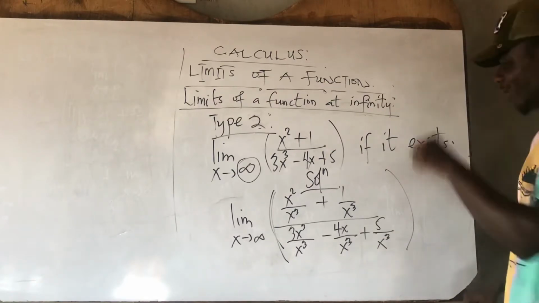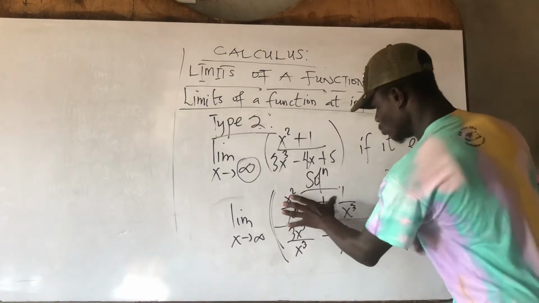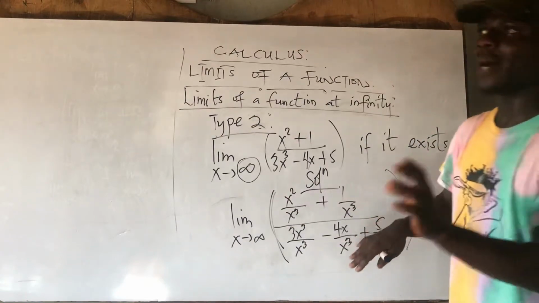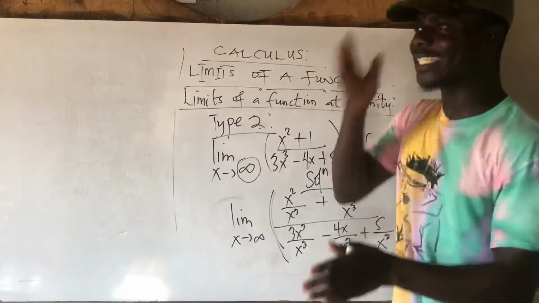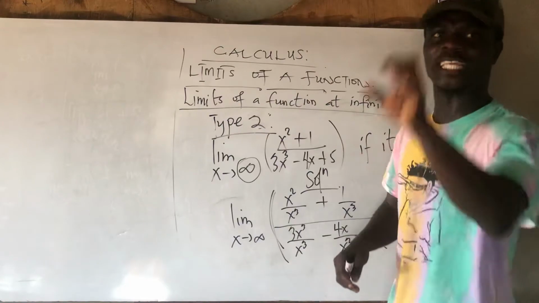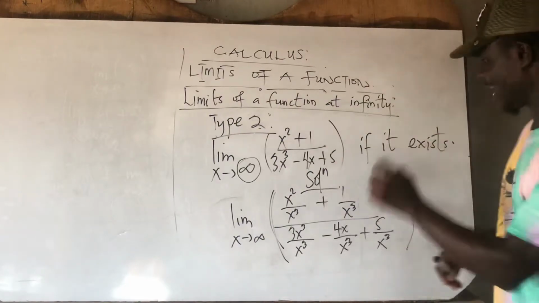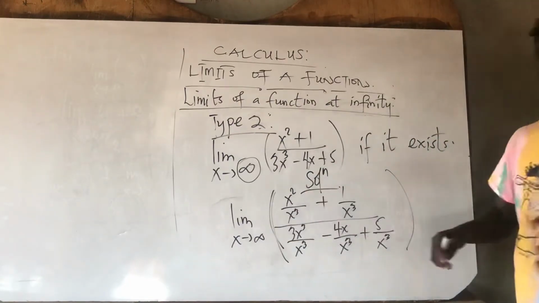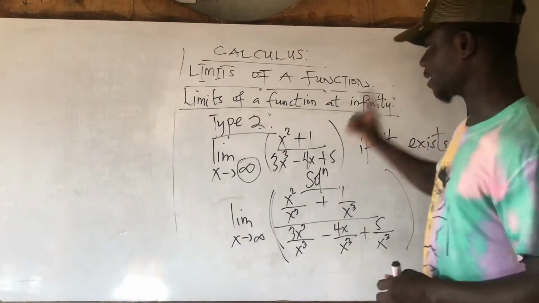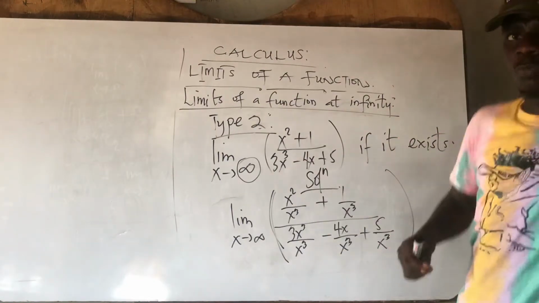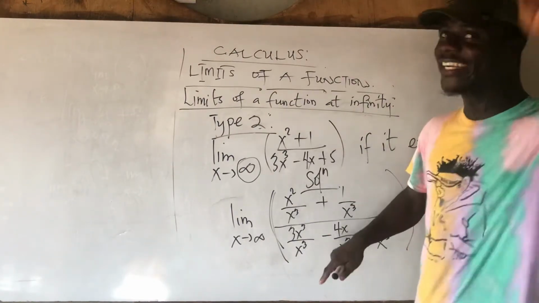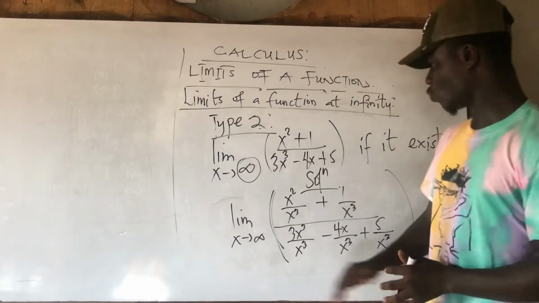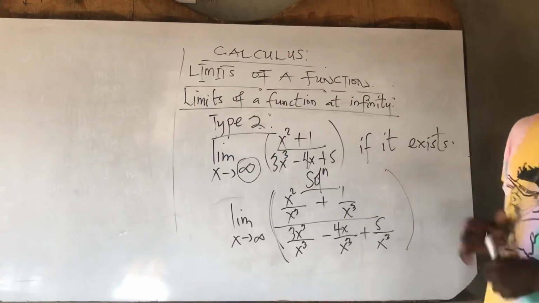You can see that I'm dividing each term in the numerator and the denominator by the highest power of the variable, which is x cubed. So you divide each of them.